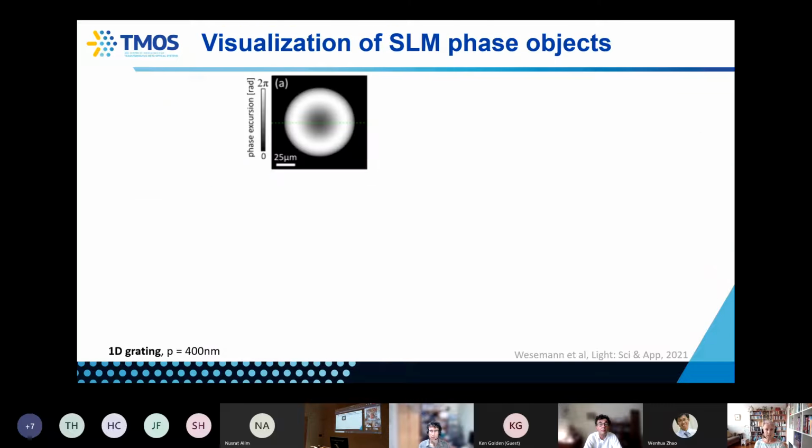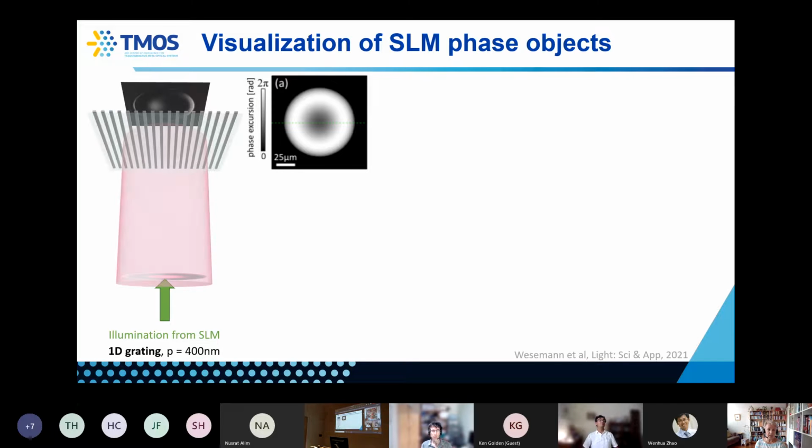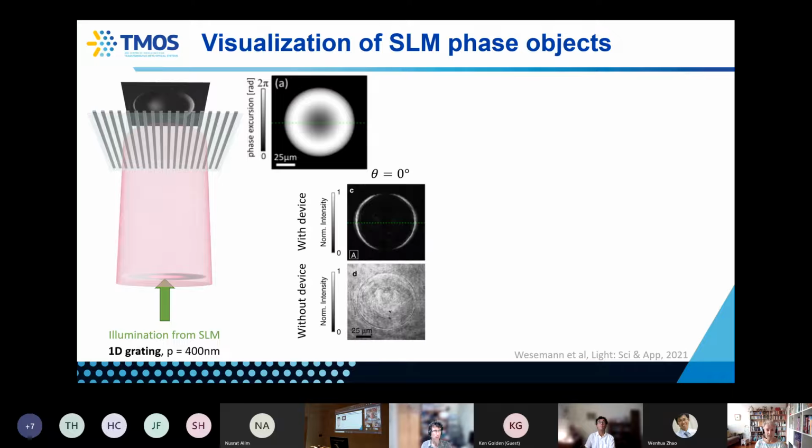So the first phase variation we looked at was one generated by a spatial light modulator. It's a faux red blood cell type phase distribution, and we used the one-dimensional grating. So illumination from the spatial light modulator passed through the grating, and we looked at the transmitted intensity.